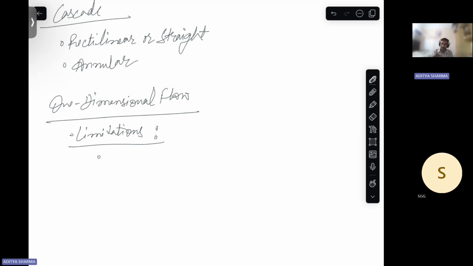So this is a major limitation. Then is arrangement, how the blades are arranged, how one blade is arranged with respect to the second blade. This also will have an effect, so we also need to consider this. This basically has been discussed in your one-dimensional flow.